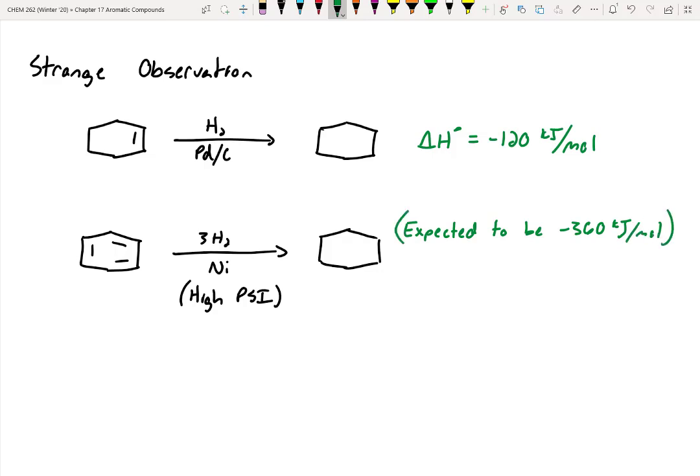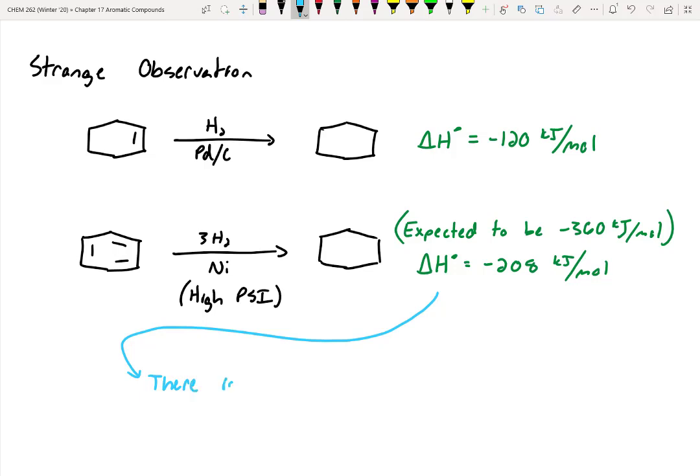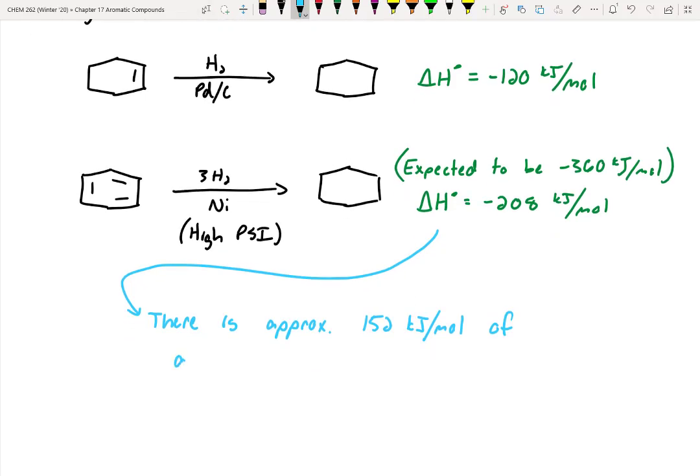However, they actually found that the delta H for this reaction, the enthalpy, was negative 208 kilojoules per mole. That means when they were studying this reaction, they realized that there is approximately 152 kilojoules per mole of aromatic stabilization.